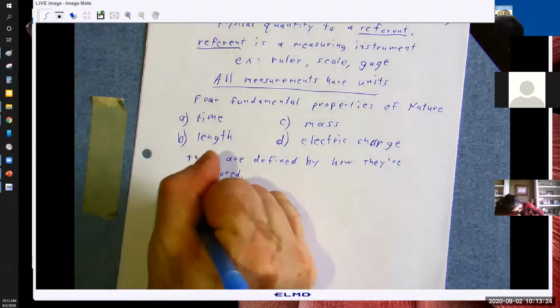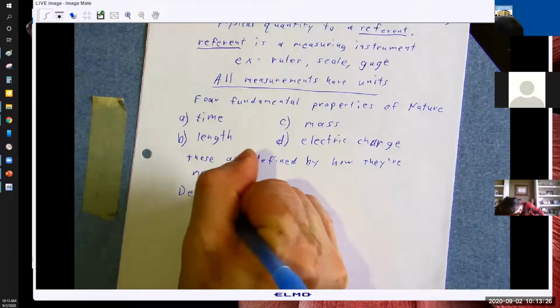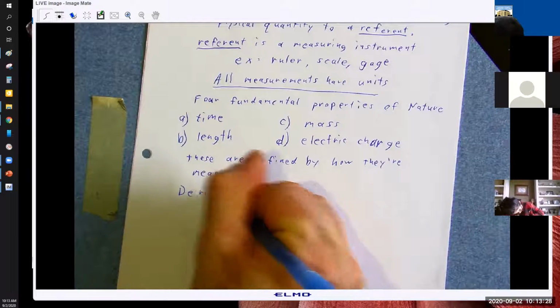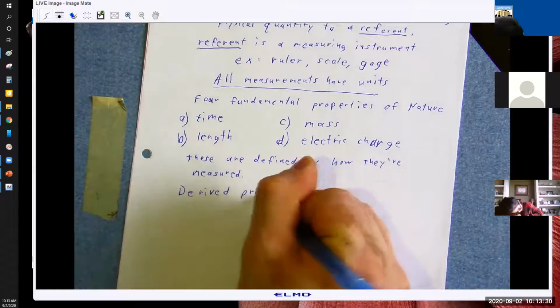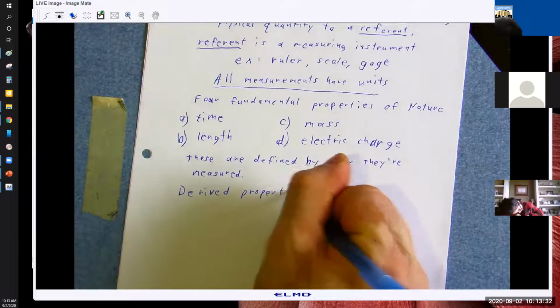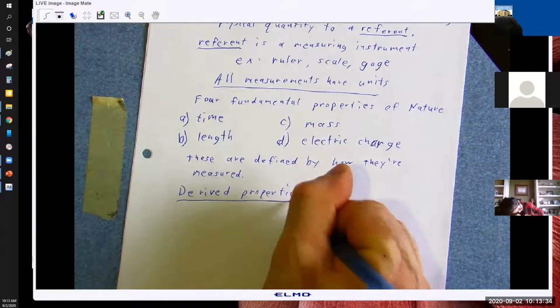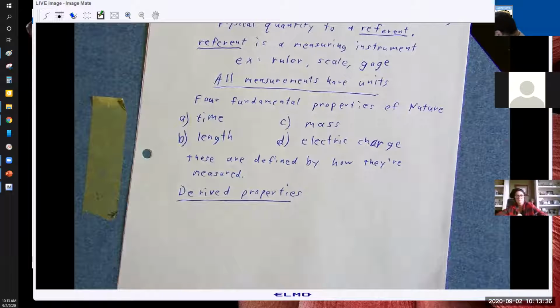And from these, we also have derived properties. And these are based on fundamental properties, right?